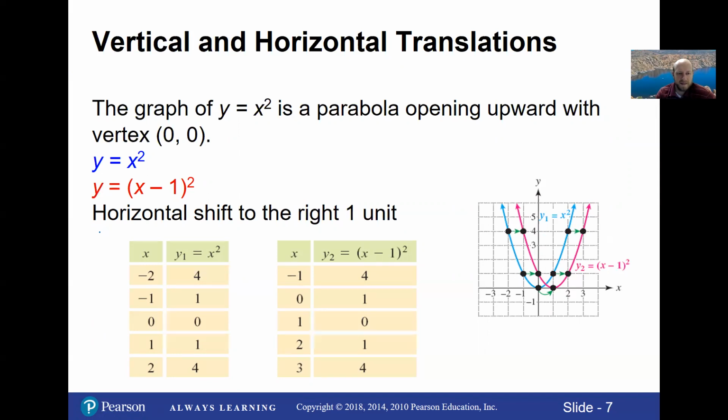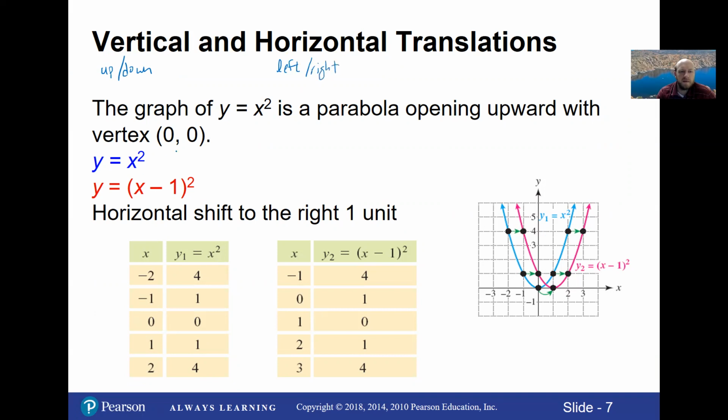Let me take a step back. We just covered vertical translations, either up or down. Horizontal is going to be left or right. Let me rewrite that here. So this is up or down, and horizontal is going to be either left or right.